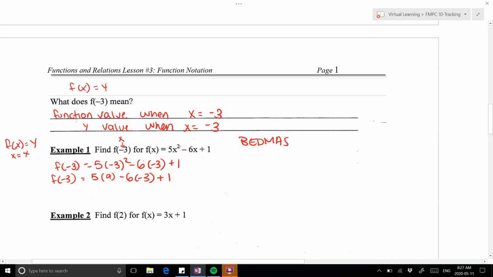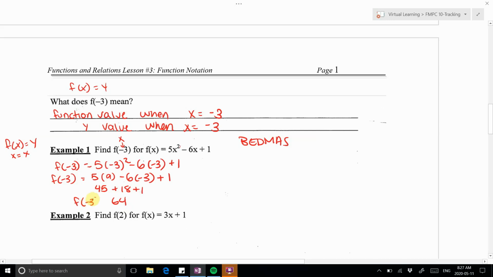Next step, division and multiplication. So I've got two multiplications to do here. 5 times 9, 45. Negative 6 times negative 3, positive 18. And then my last step here is going to be that addition and subtraction. So we're going to go 45 plus 18 gives me 63, plus 1 gives me 64.